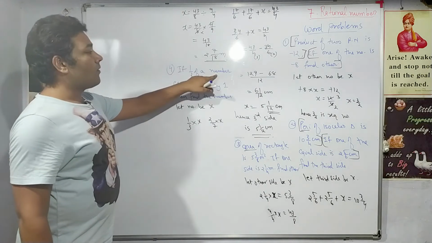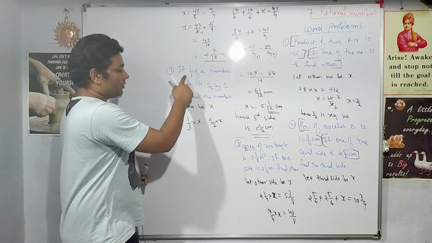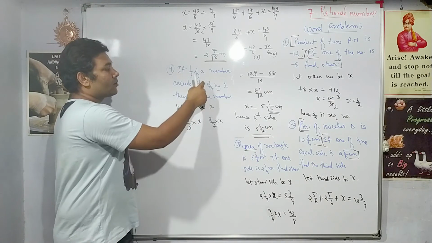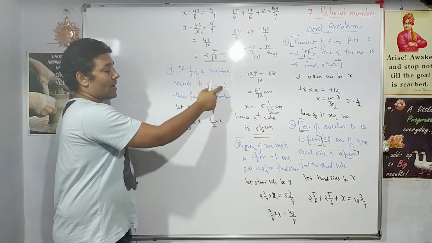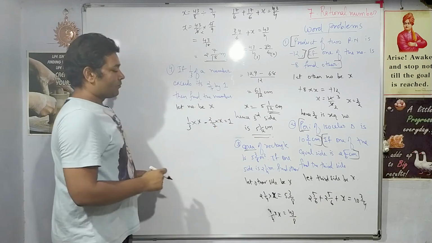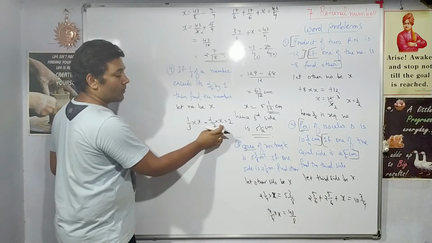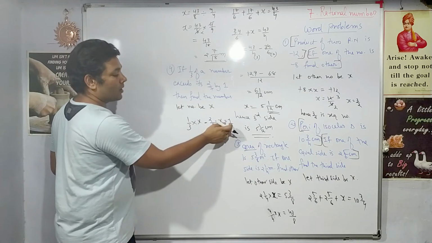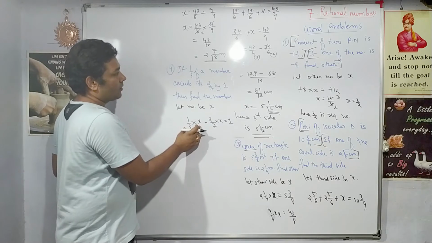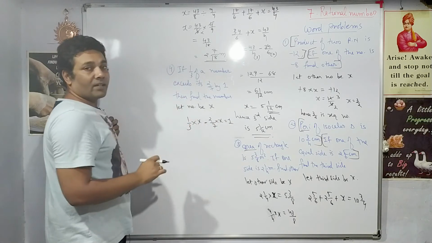If 1/3 of a number exceeds its 2/7, that is 1/3 of x is greater than 2/7 of the number by how much? By 1. That means if from 1/3 of a number you subtract 2/7, you should get 1. That is what the question means.